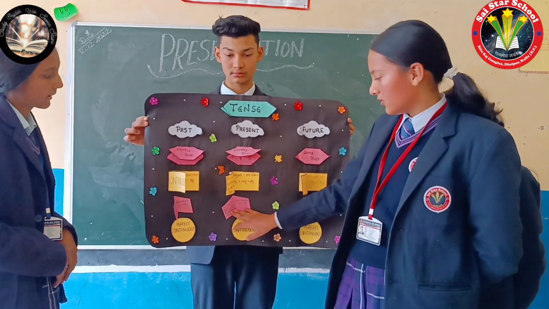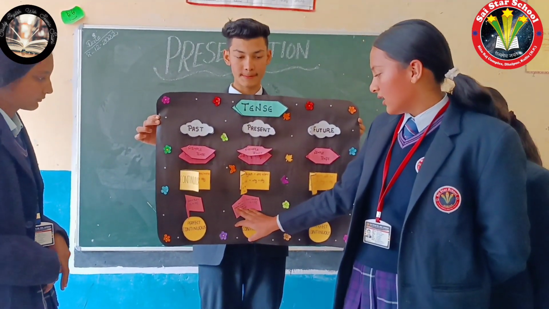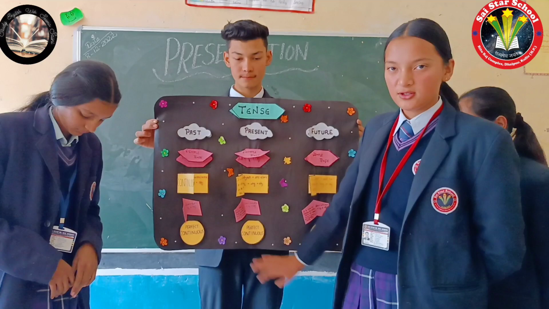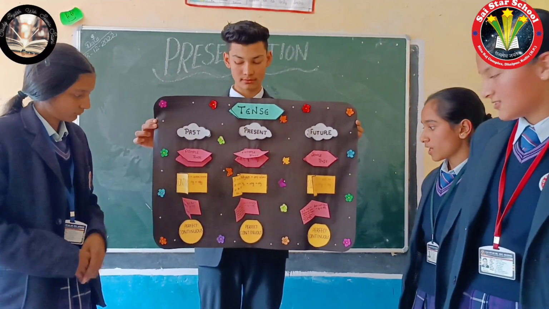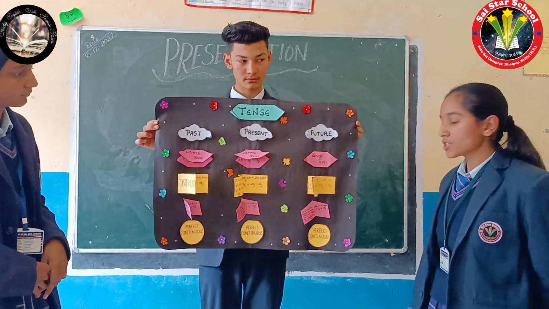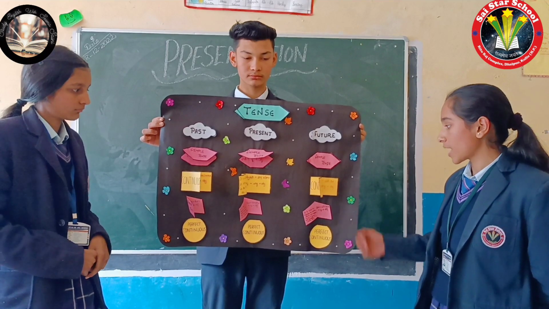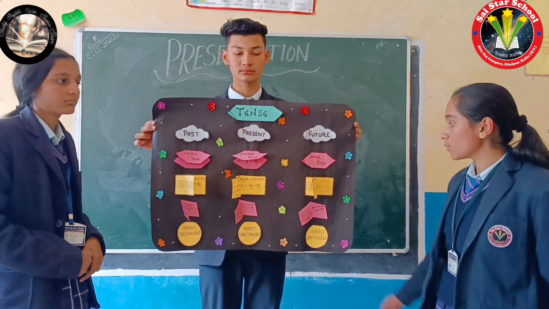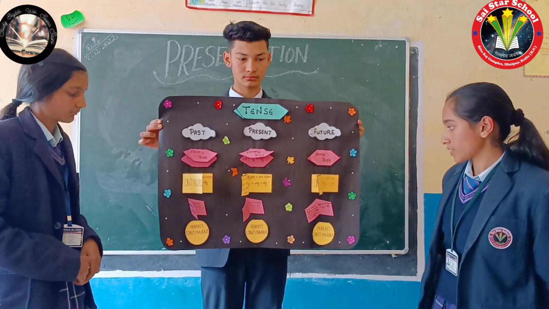The rule of present perfect tense is subject plus has/have plus verb third form plus object. Now, Ankita, can you tell what is the future perfect tense? Of course, future perfect tense is used to express things that will happen in future and will continue for some time and be completed in future. The formula is subject plus will have plus verb third form plus object.